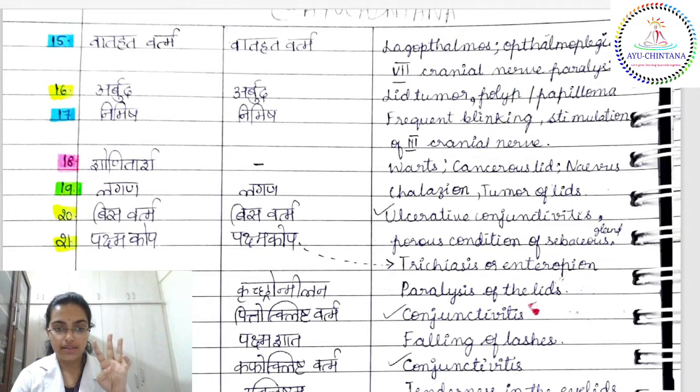There are three Akshipakas now. The 10th is Akshipaka Ashobha, the 11th is Akshipaka Sashobha, and the 12th one is Shushka Akshipaka. Got it? Next, the 13th and 14th are related again.